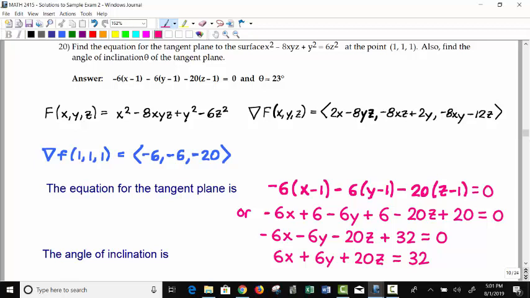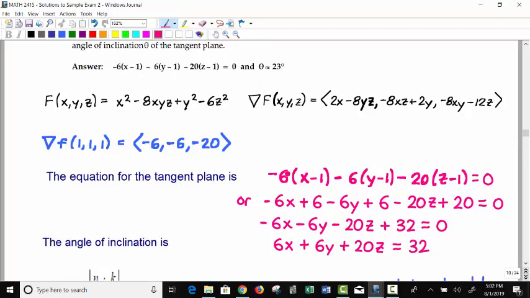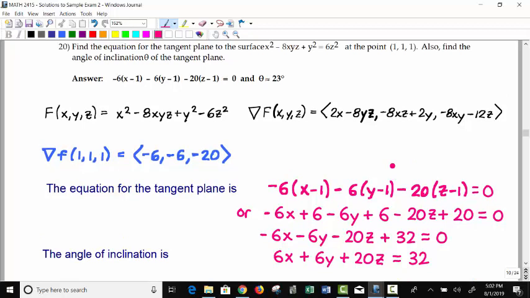It's basically A times x minus x0, plus B times y minus y0, and then plus C times z minus z0. So here's what it would look like in that form, which I have right here.